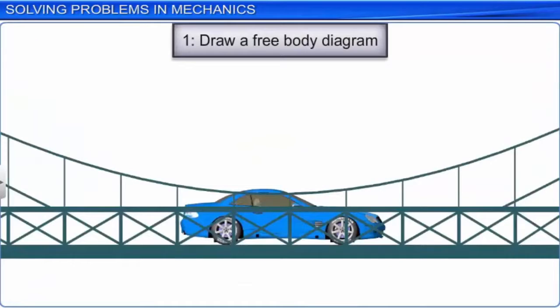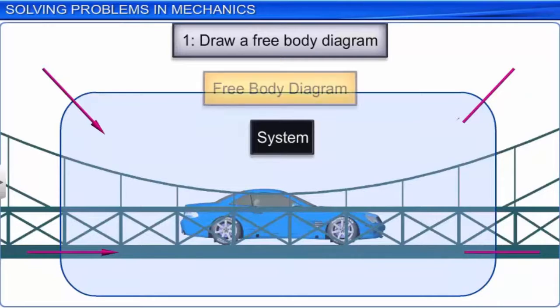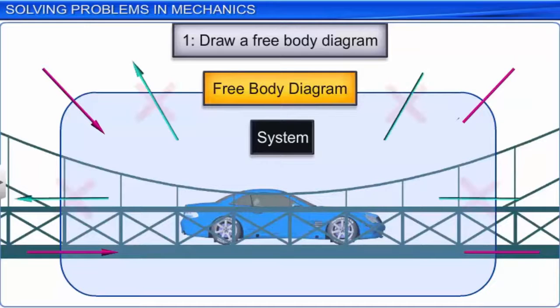Then, we draw a detailed diagram of this system along with the external forces acting on it. This diagram is known as a free body diagram. This completes step 1 of the solution.